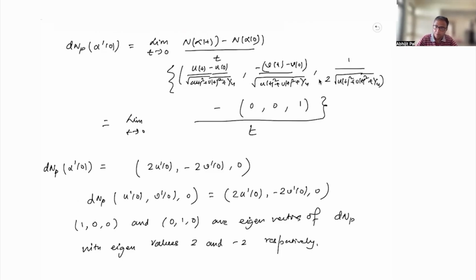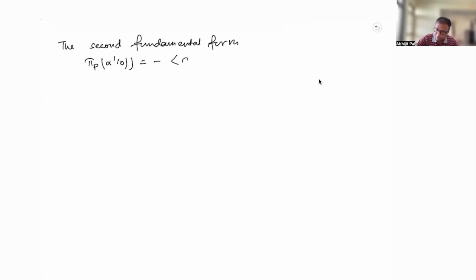And so what will be the second fundamental form? The second fundamental form II_P of alpha prime 0 is equal to minus the inner product of dN_P alpha prime 0 with alpha prime 0.